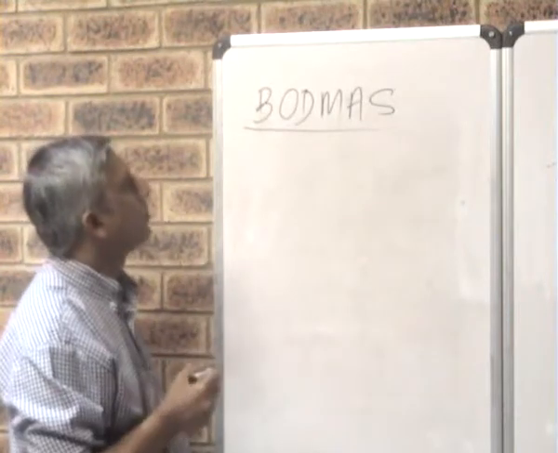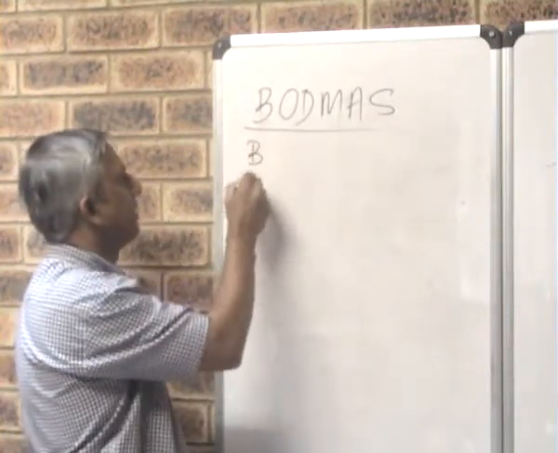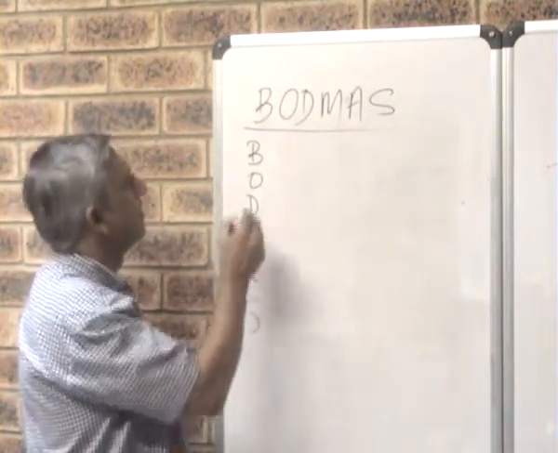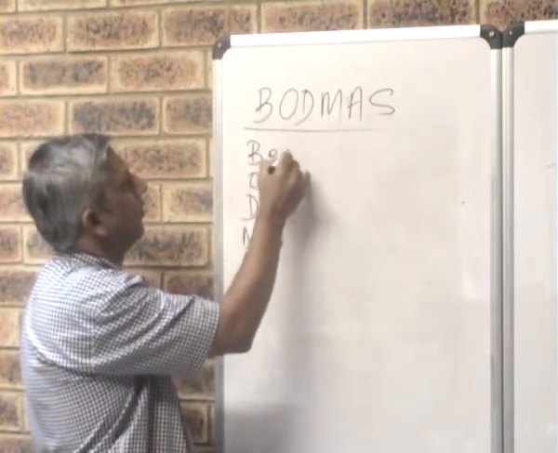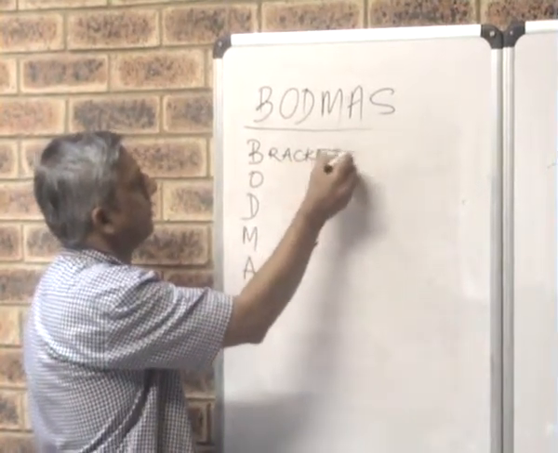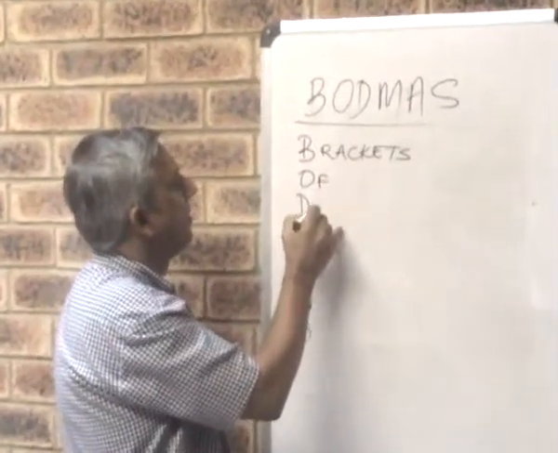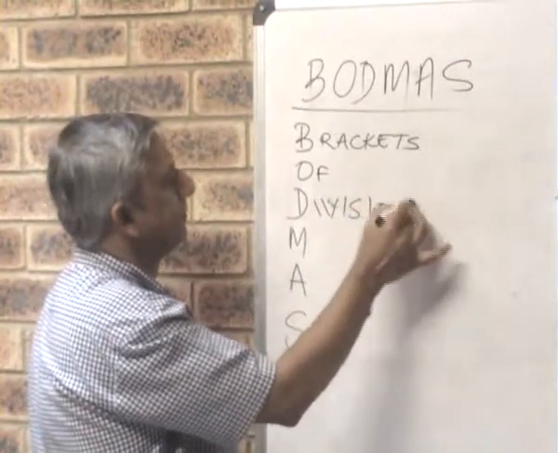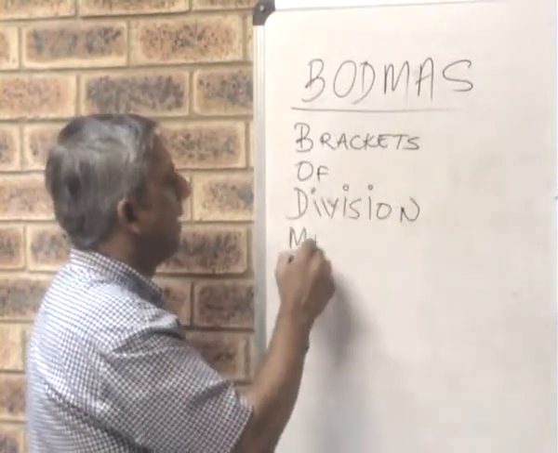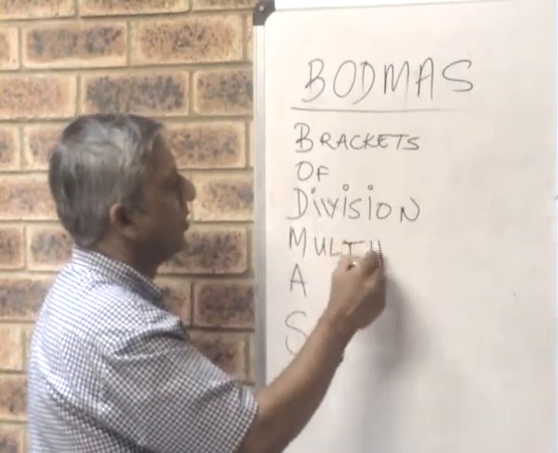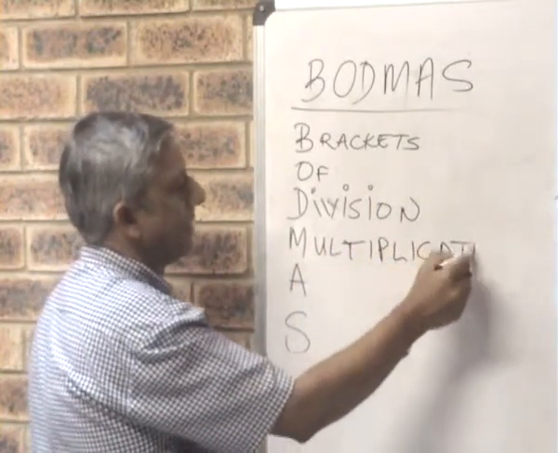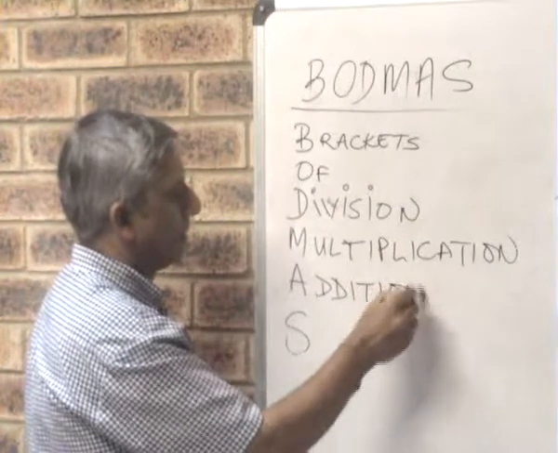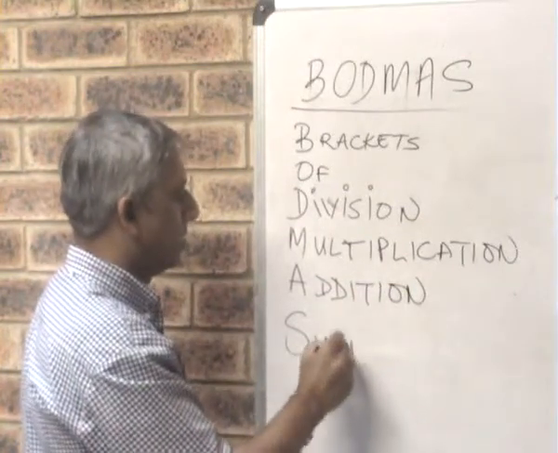Alright, so BODMAS. What does BODMAS stand for? Well, let's put it down here. B-O-D-M-A-S. B stands for brackets, O for of, D for division, M for multiplication, A for addition, and S for subtraction.